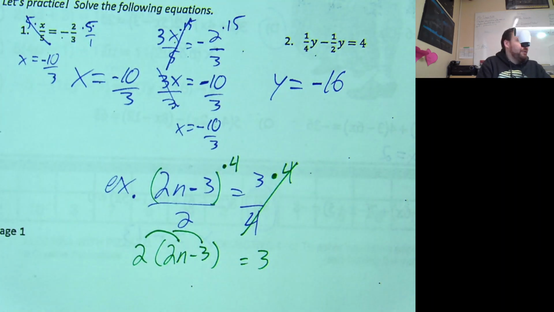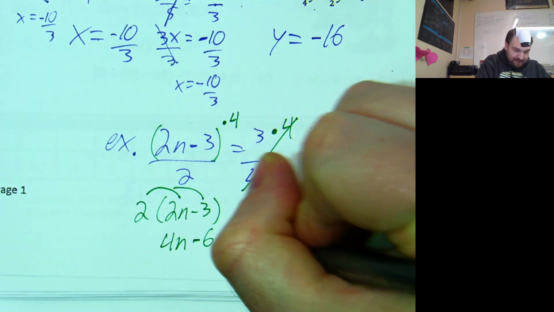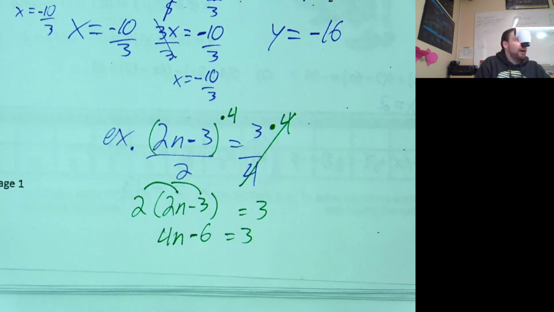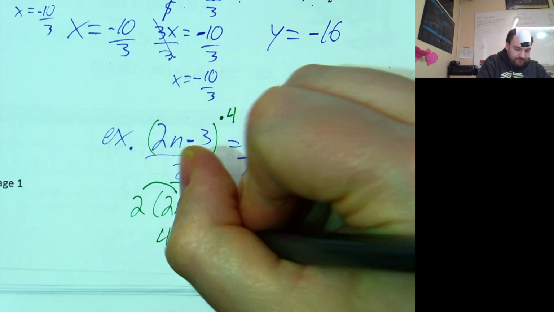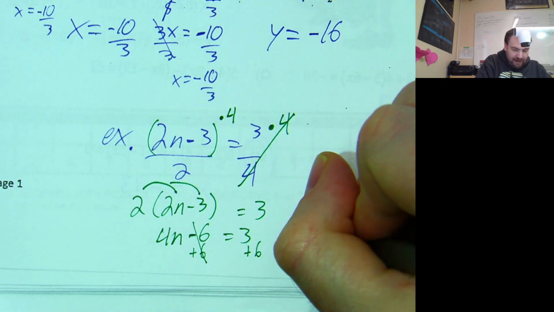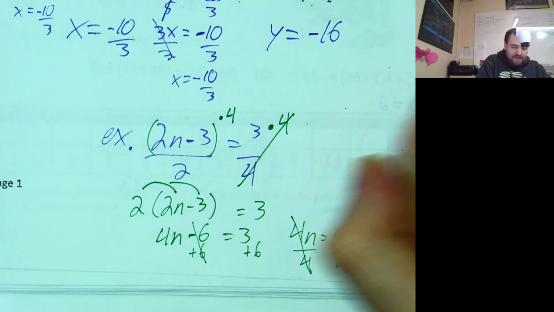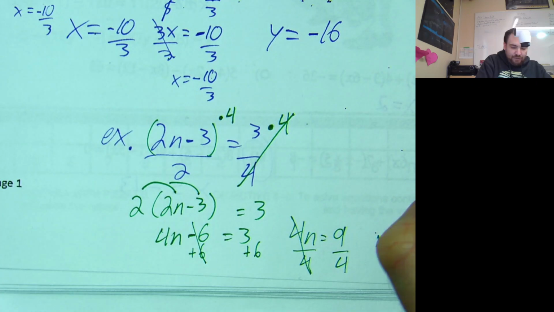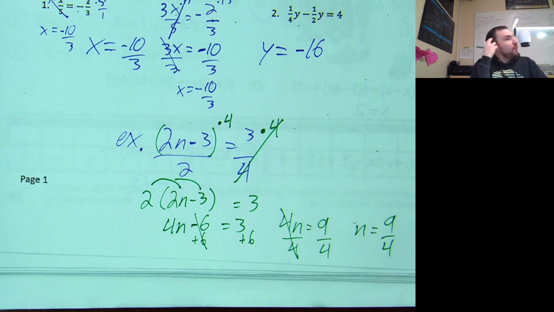So 2 times 2n is going to be 4n, and then 2 times negative 3 is minus 6 equals 3, and then I can finish this thing off. I'm going to add 6 to both sides. I'm going to get 4n equals 9. I divide both sides by 4, and n equals 9 over 4, and I'm done. We follow what happened there?